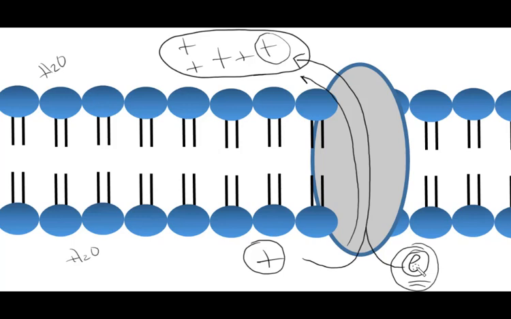But what kind of energy do we know the cell has that can allow processes like this to happen? Well, the kind of energy we're talking about is electrons.